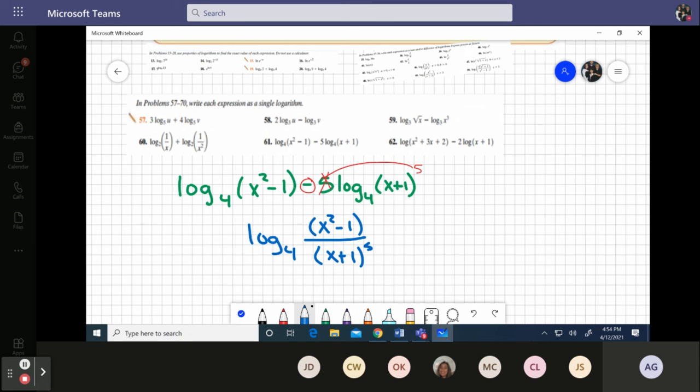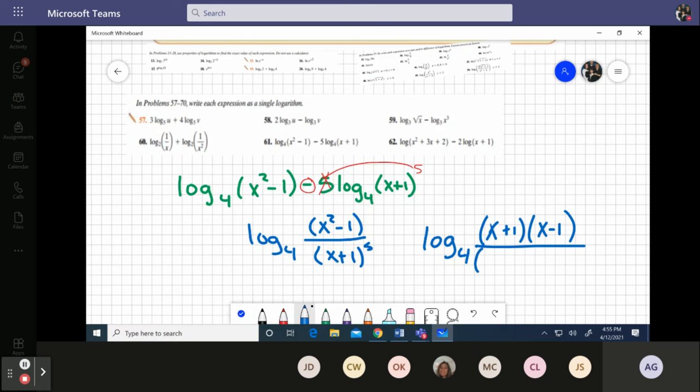The numerator. That's going to be the difference of squares, right? So log base 4 of x plus 1 times x minus 1. Well, x plus 1 is what I have in that denominator, isn't it?